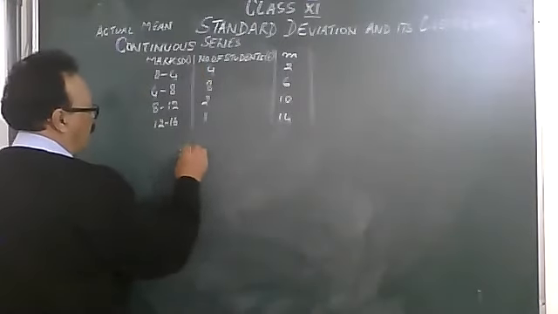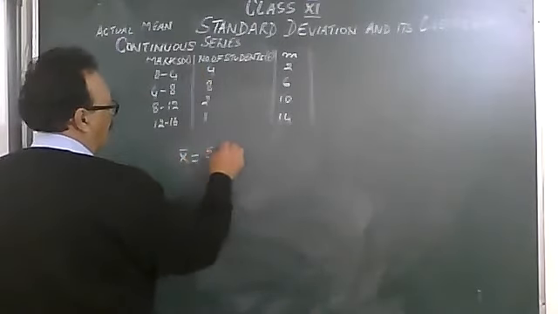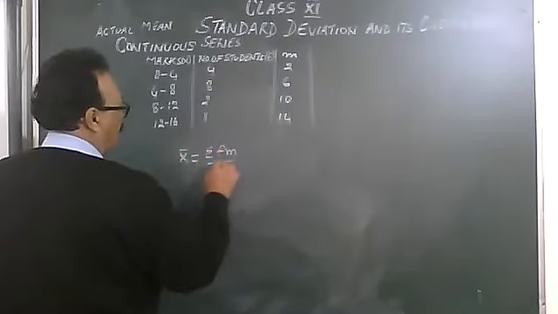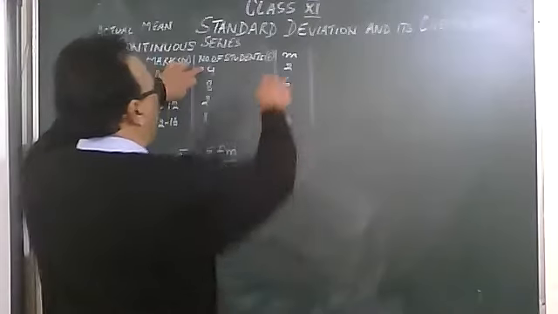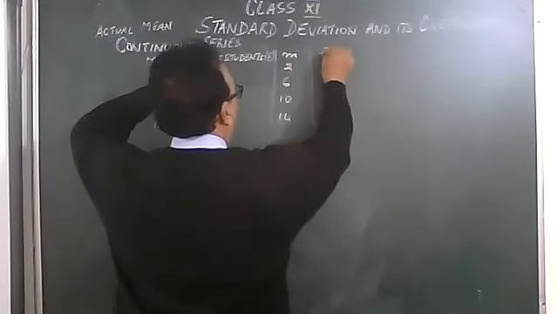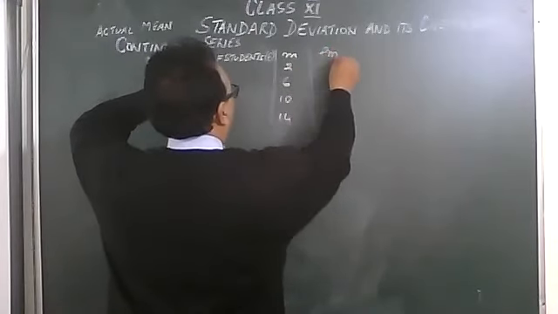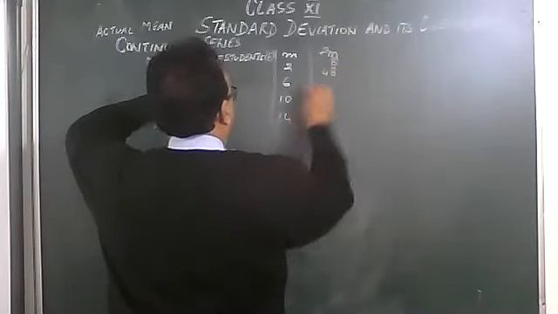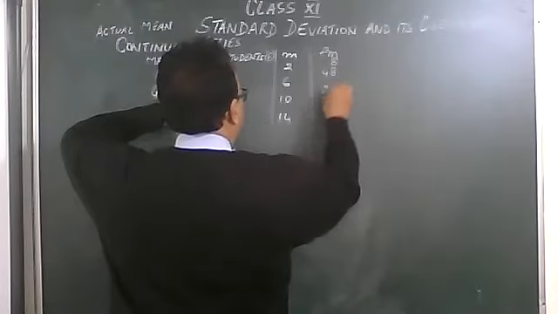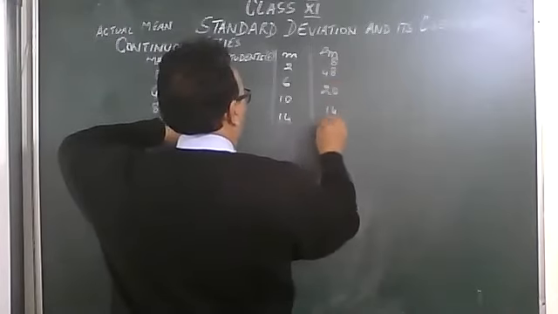Now, calculating the mean, sigma fm upon sigma f. So, we need to multiply f with m to get fm. 4 twos are 8, 8 sixes are 48, 2 tens are 20, 14 ones are 14.